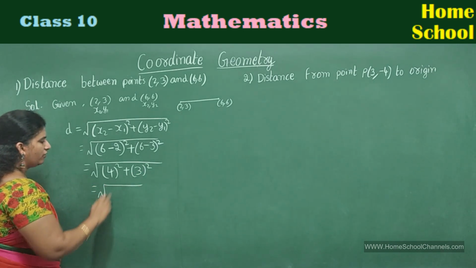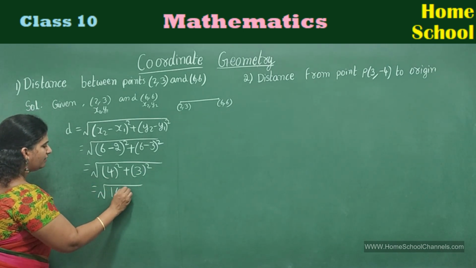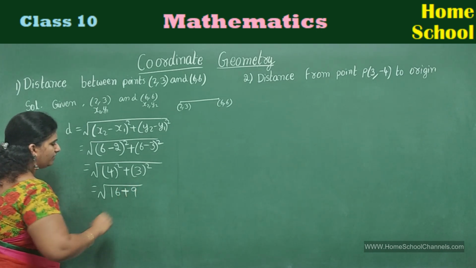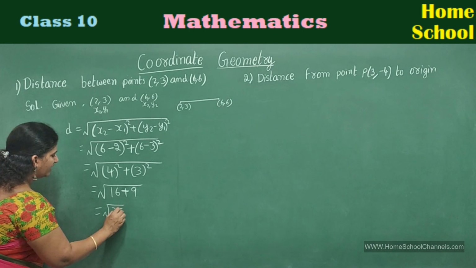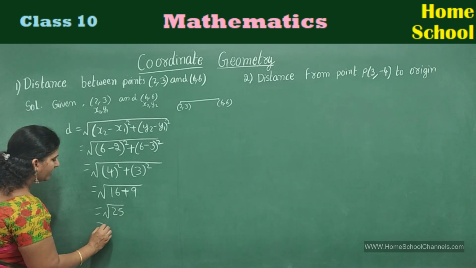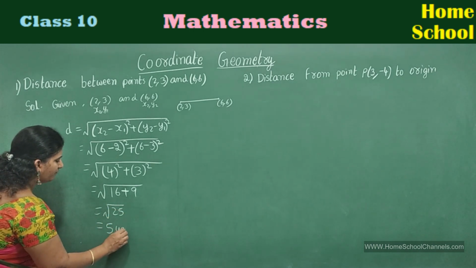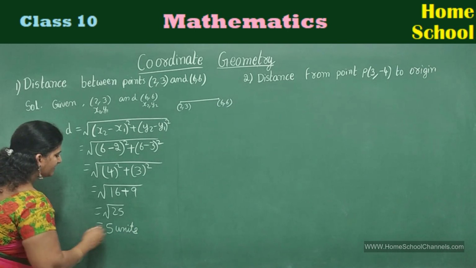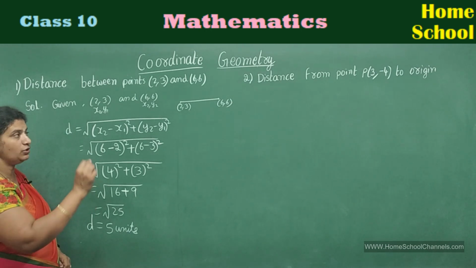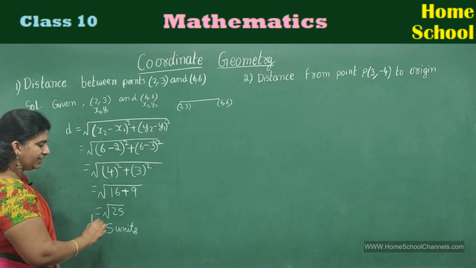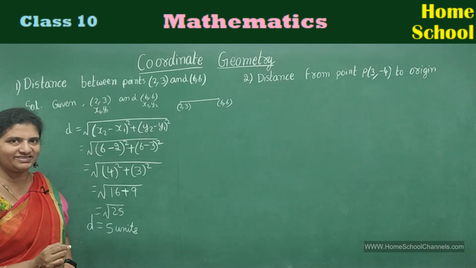Square root of 4 4s are 16 plus 3 3s are 9. 16 plus 9 will be 25. Square root of 25, the answer is 5 units. The distance they have asked us, so we need to write: the distance between the 2 points is 5 units.